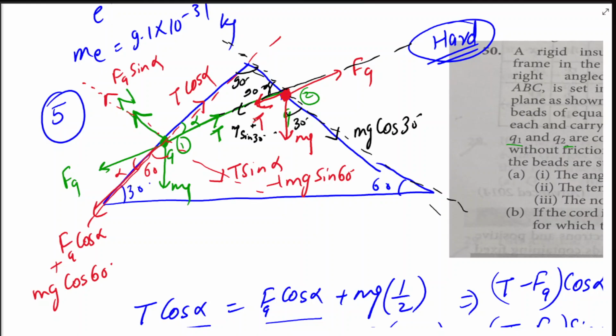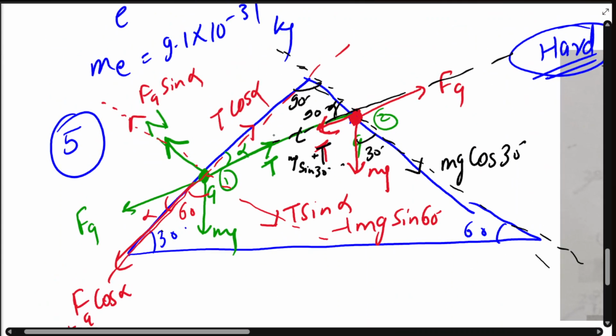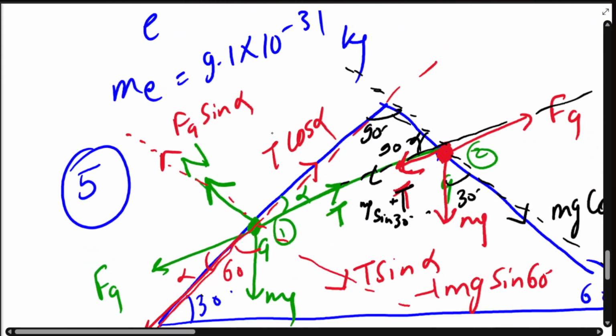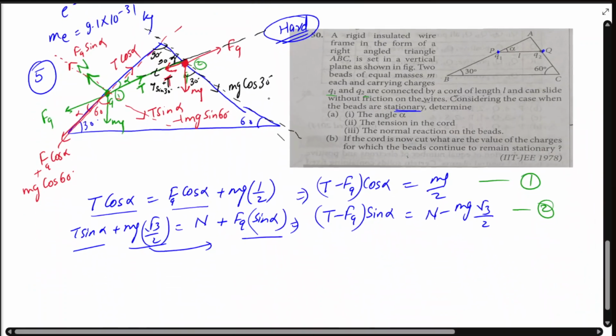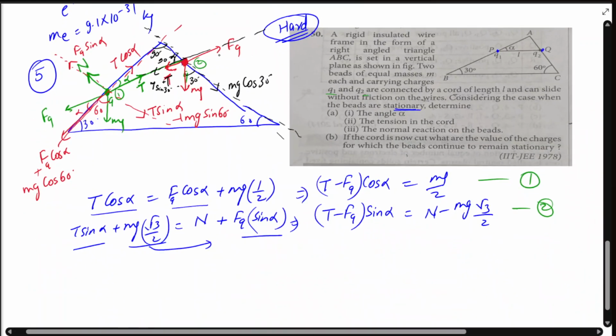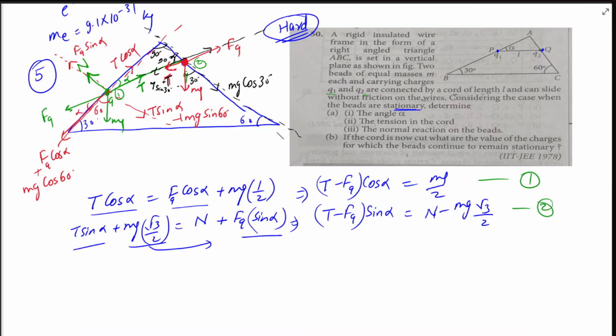Perfect. This will be T. FQ is here already. Let's go with the normal here. So this axis will be like this.